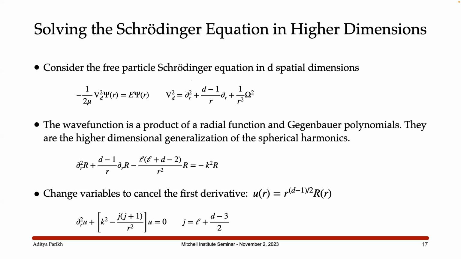And so, do some algebra and some massaging, you essentially end up finding that you can reproduce the exact same type of free solution for the radial equation, except the only difference is that the argument of these spherical Bessel functions now depends on the dimension that you're working in. So instead of just being angular momentum L, they're now dependent on L plus d minus 3 over 2.